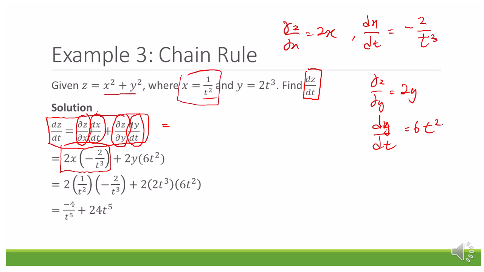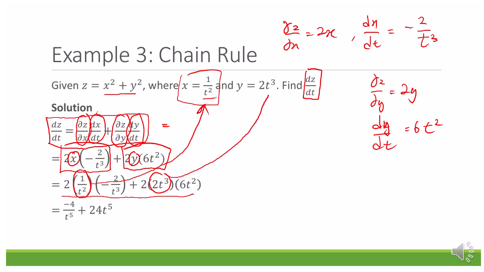Okay, so you add up both, and then when you add up all together, the x here we need to substitute with this value, and the y here we need to substitute with this value. Why? Because it is given here x equals 1 over t squared, and y equals 2t to the power of 3.